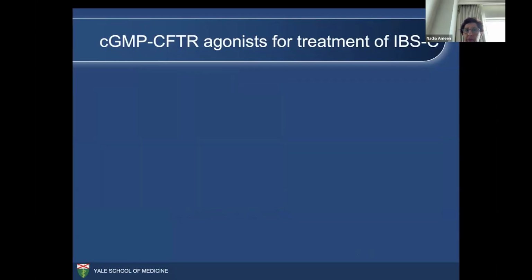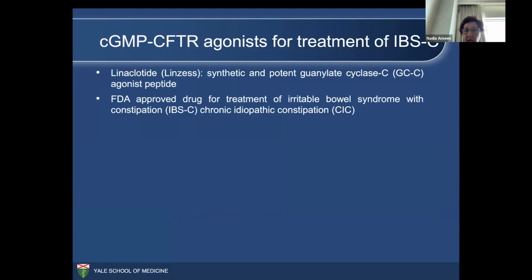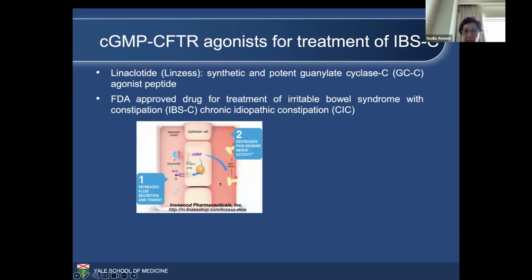And so this is important for diseases such as IBS, because successful treatment for IBS involves the use of cyclic GMP CFTR agonists. Linzess is a drug that was FDA approved. It's a synthetic and potent guanylyl cyclase C peptide agonist that is used for the treatment of IBS-C, or constipation, because of its activity by activating cyclic GMP, as shown here in this diagram, and activating CFTR to increase fluid secretion.